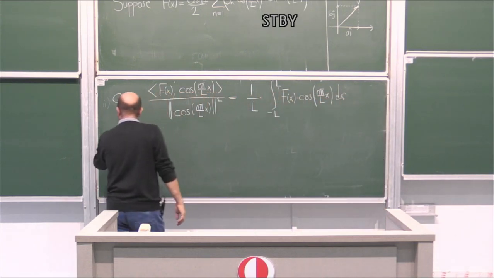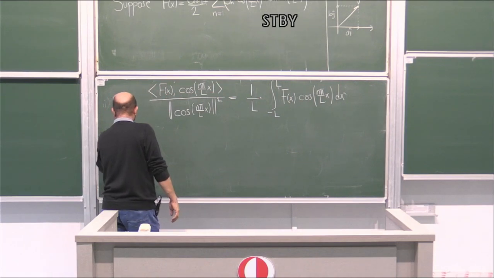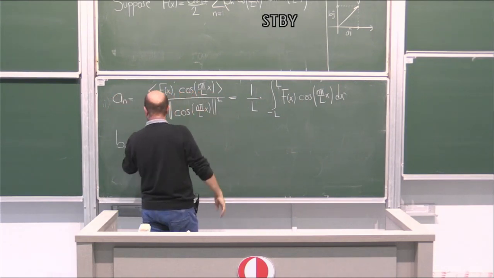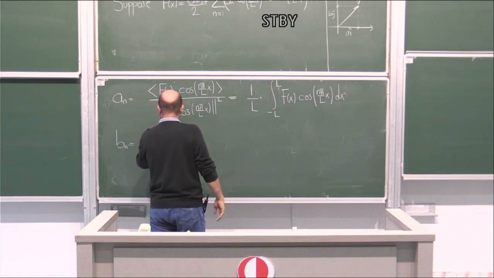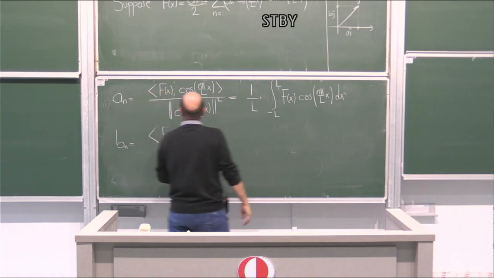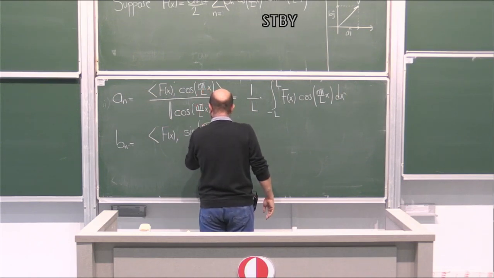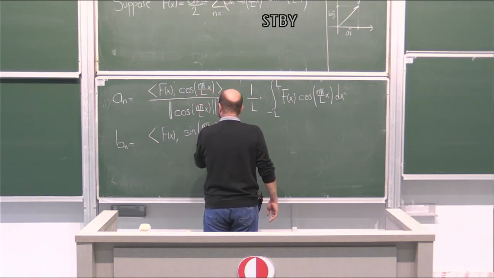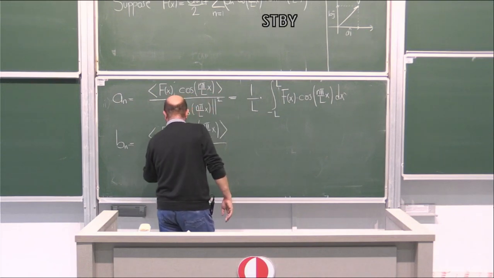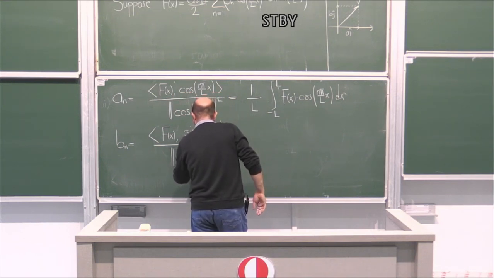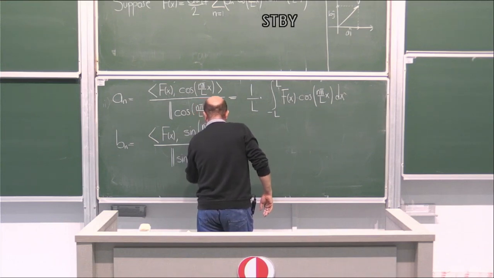Similarly, for B_n, now you have to take the projection into the sine direction. So we have f of x dotted with sine n pi over L x, divided by the sine n pi over L x norm square.